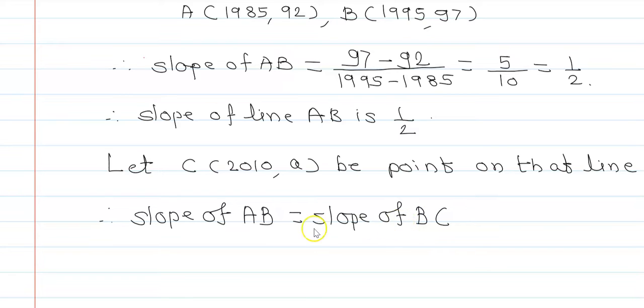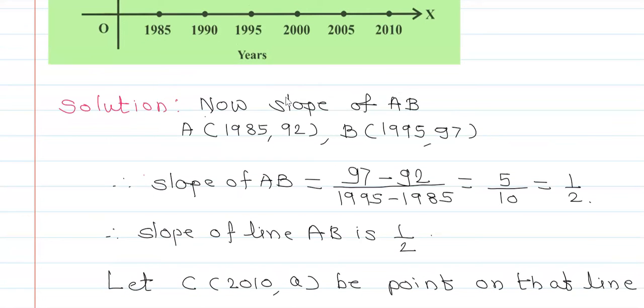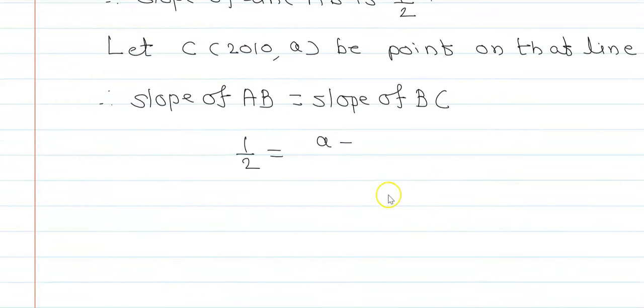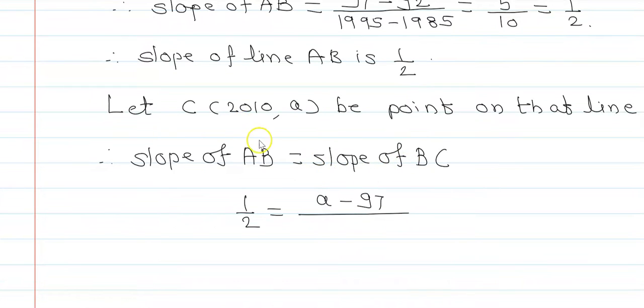We know the slope of AB is 1 upon 2. Now the slope of BC: B is (1995, 97), so the difference of y coordinates is a minus 97, upon 2010 minus 1995.